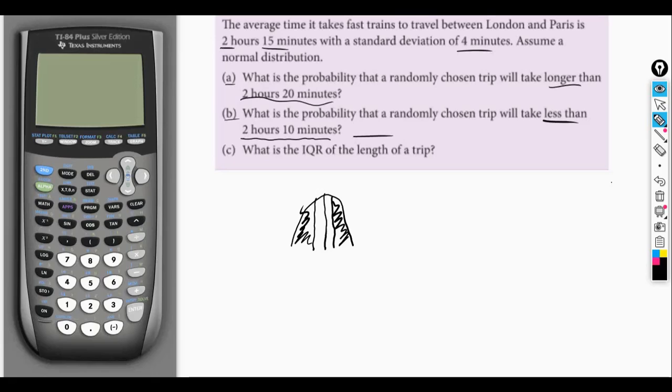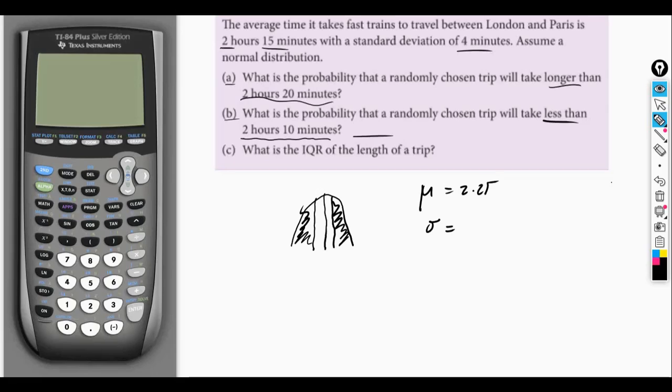So first of all, we need the mean. So the mean is 2 hours and 15 minutes. So notice that that's the same as saying 2.25 hours. And the standard deviation is 4 minutes, but we have to convert that to hours.